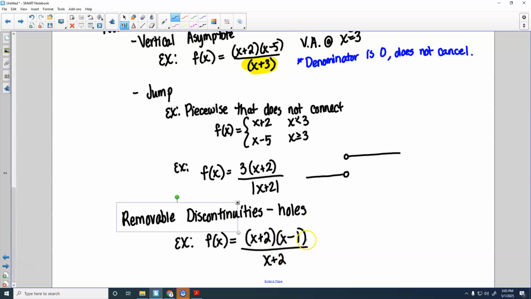This would have a hole, or removable discontinuity, at x equals negative 2. And so it is whenever your denominator is 0 but cancels with the numerator there.